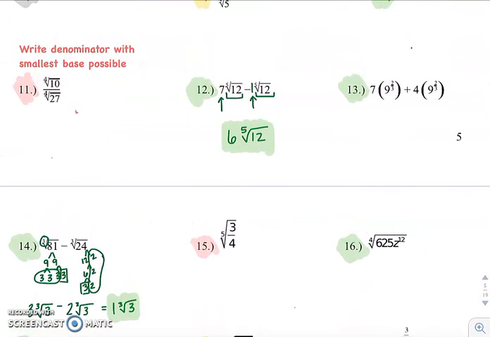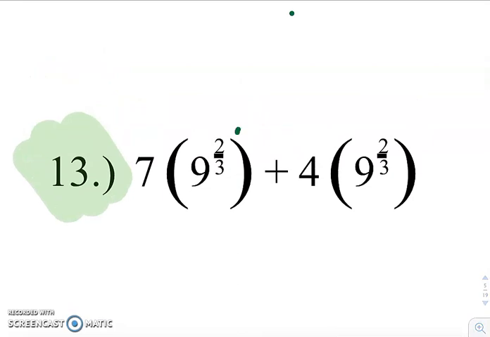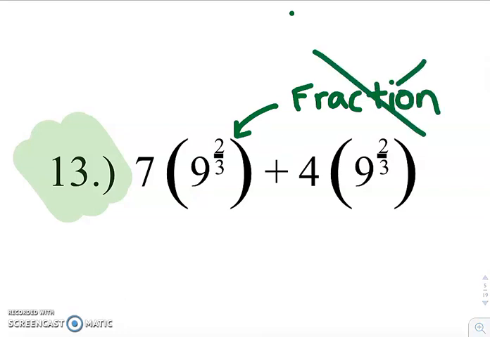Okay, so let's look at 13. Adding to the many exponent rules that we already know, we need to add one more. Along with your negative exponents, we don't want fraction exponents.